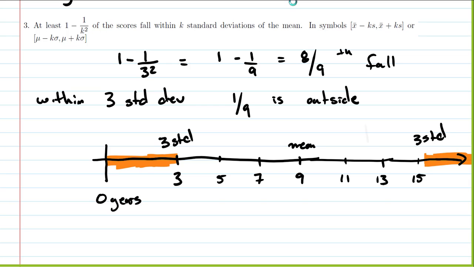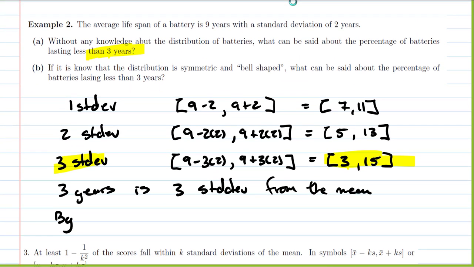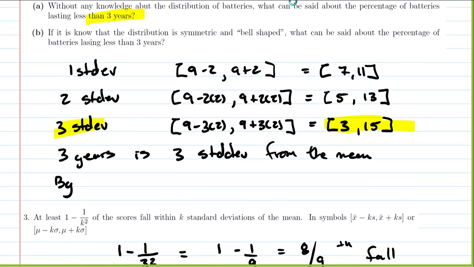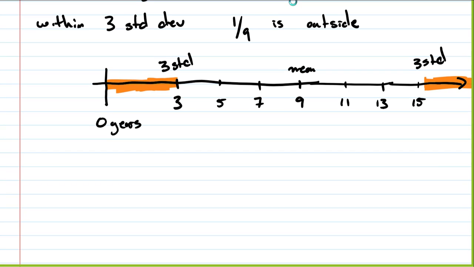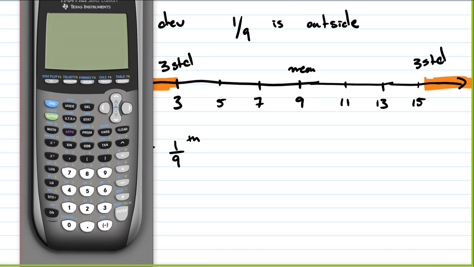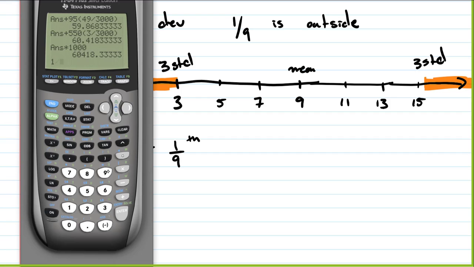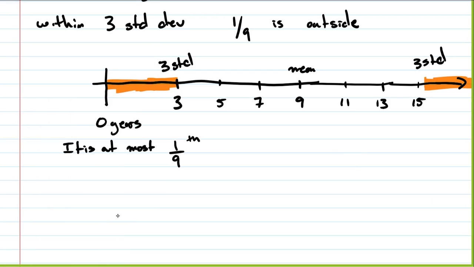So what can we say then about the percentage of batteries lasting less than 3 years? So it is at most 1/9, which, if we turn our fraction into a decimal, we have 1 divided by 9. So as a percent, it is at most 11.1%, right?